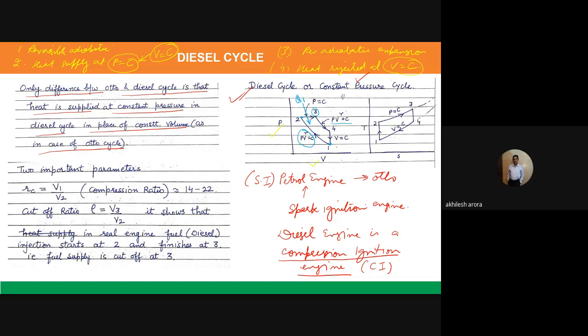And then 4 to 1 is the heat rejected. QS stands for heat supplied, and QR stands for heat rejected.